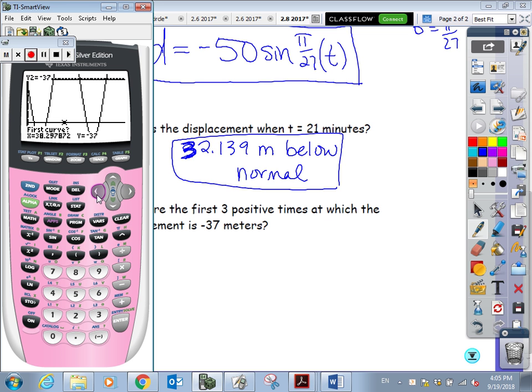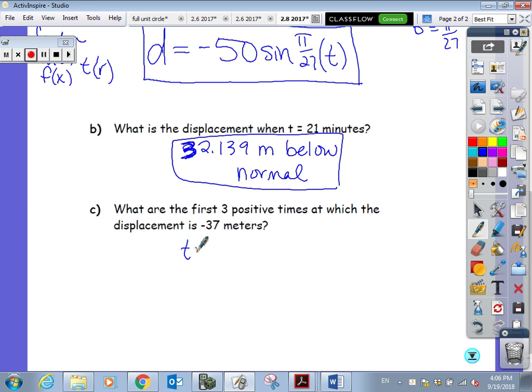So I like scrolling on my horizontal line because then I can see that very easily. And then enter, enter, enter. And there's our first point at t equals 7.160 minutes. T equals 7.160, and we are in minutes.